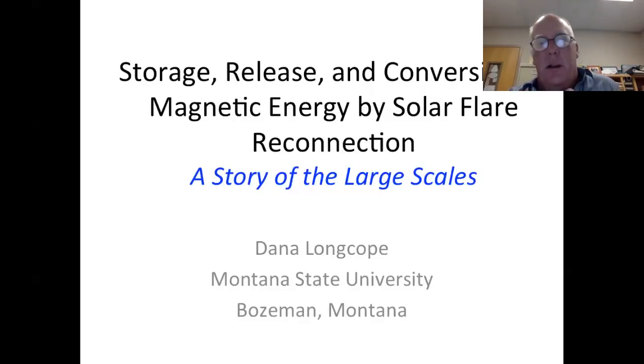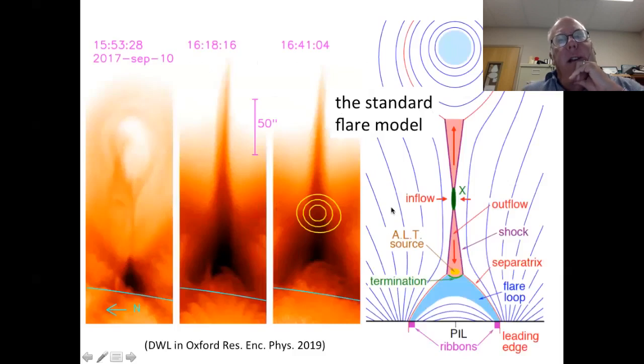Good morning, everyone. I'm going to talk to you about the large story of flares, and this is just to remind us all. I know many of you have seen these talks on flares. On the left are some images from AIA of the very famous flare of September 10th, 2017.